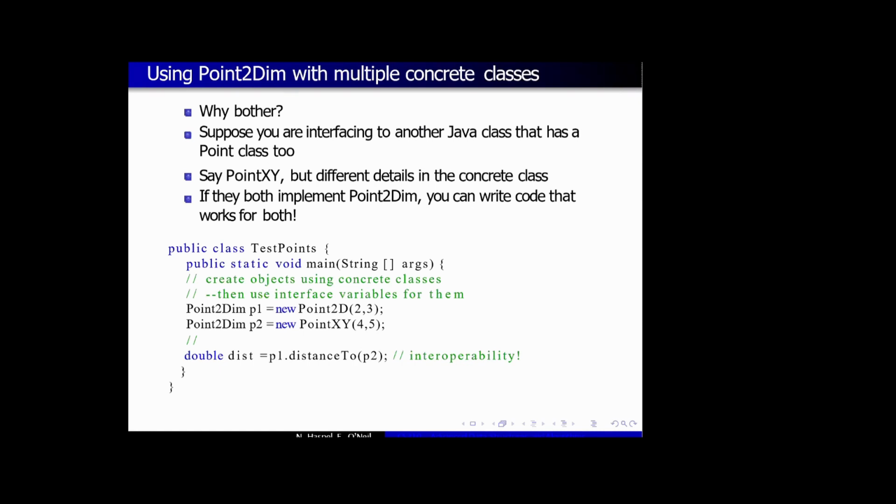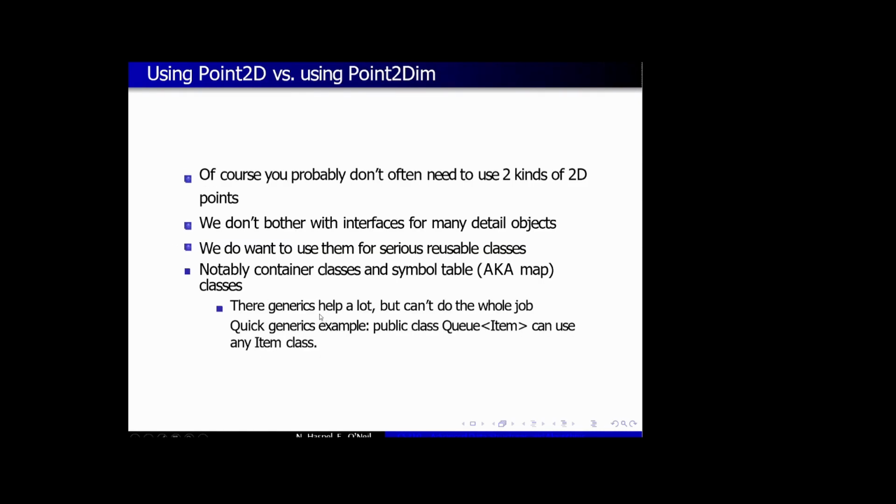Okay, so let's see how this goes. Now, this, of course, is somewhat of a stretch, but we want to be able to use interfaces for serious classes, because we want to look at these container classes and things like the symbol table, which we will call Map, following the JDK nomenclature. The book is quite strong on generics.